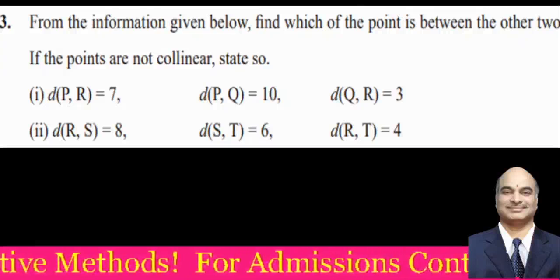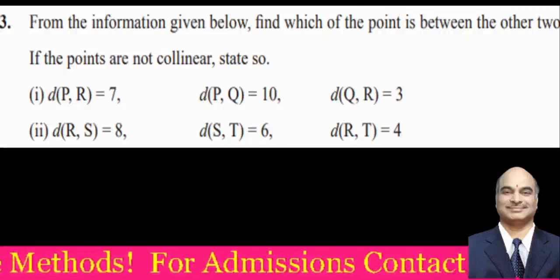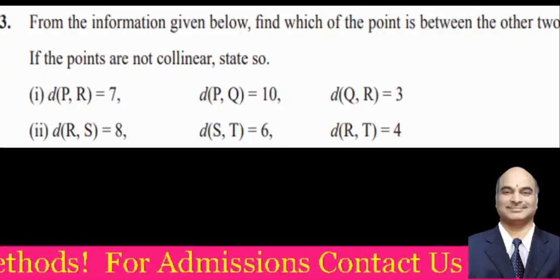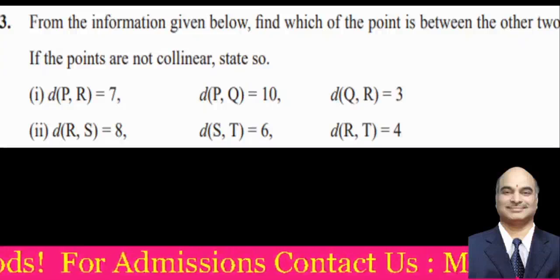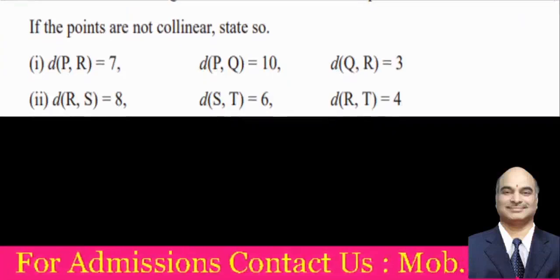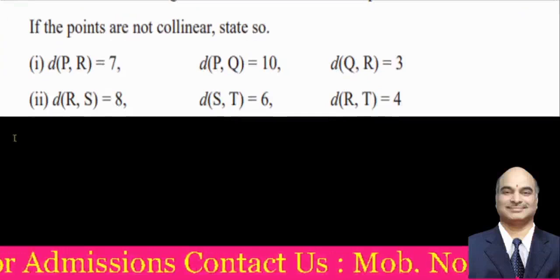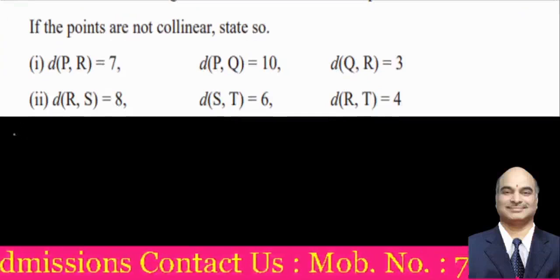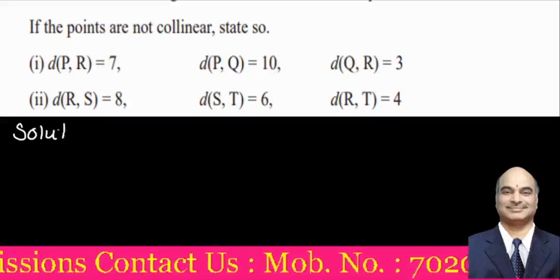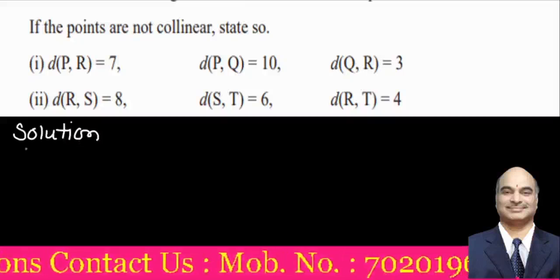And if the points are not in one line, meaning they are non-collinear and do not lie on the same line, then we have to state that as well. So we take the solution of the first sum.